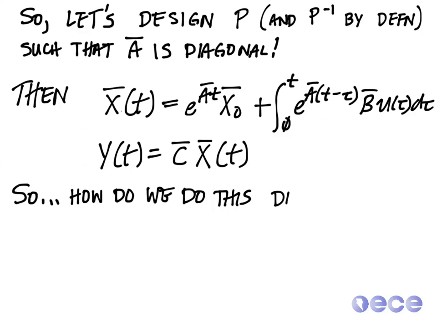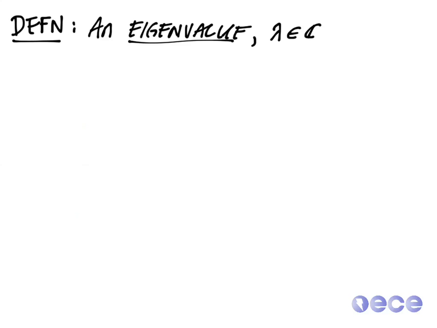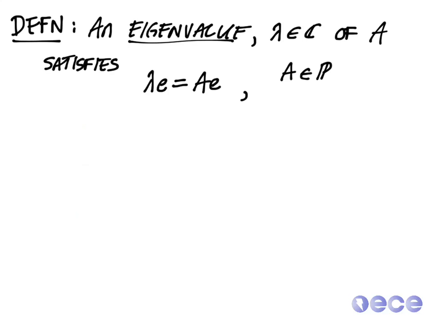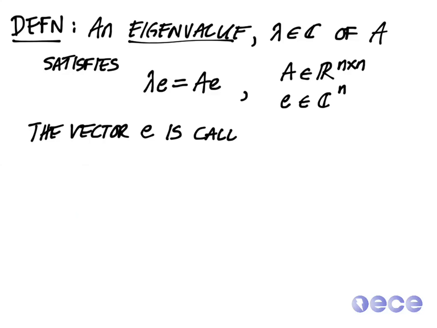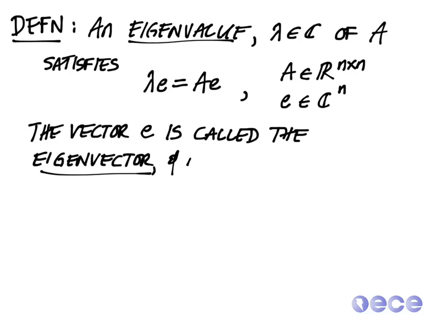So again, how can we design P? In what way will P give us a diagonal matrix for a bar? So let's look back at what you've probably forgotten about eigenvalues and eigenvectors. An eigenvalue, lambda, which is in the complex numbers, satisfies this equation: lambda times e is equal to a times e.